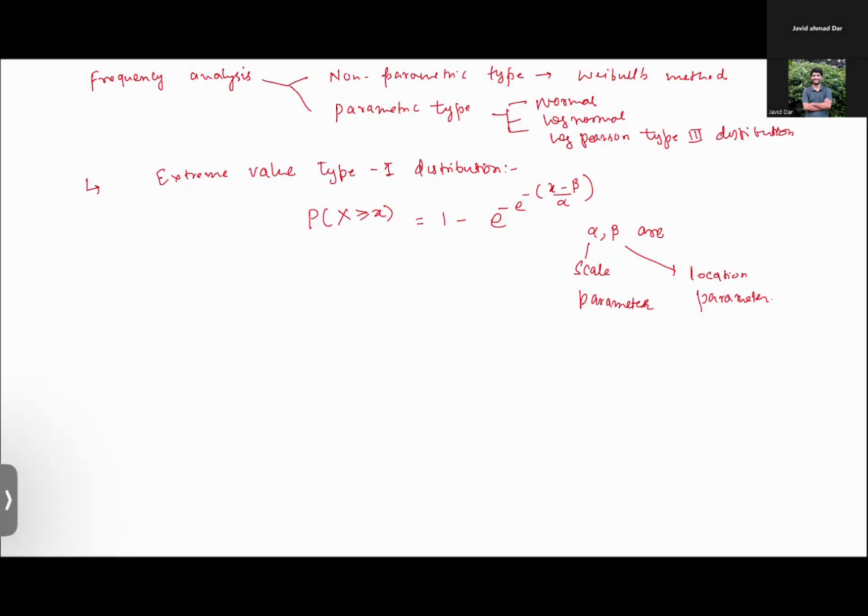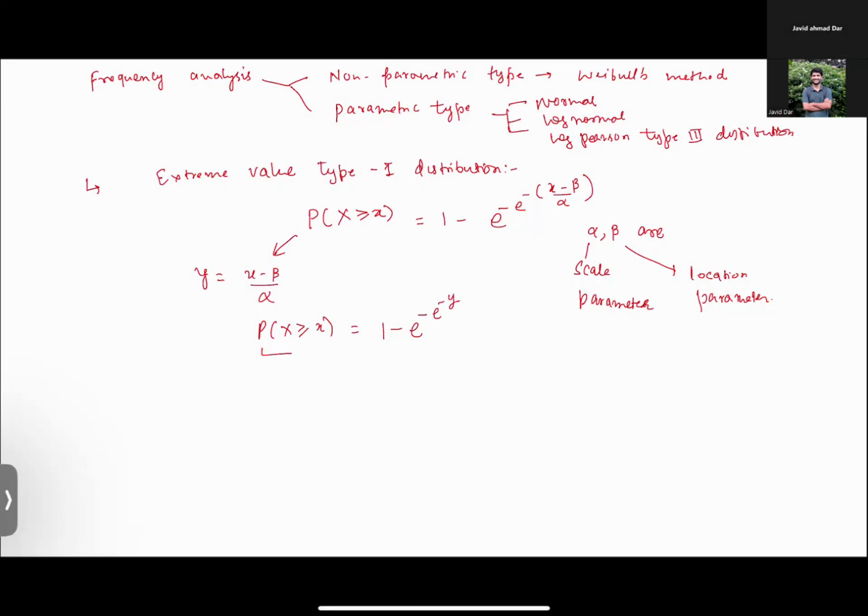One was the mean of the data and another was the variance or the standard deviation of the data. In a similar way, in this type of distribution, you have two parameters, alpha, the scale parameter, and beta, the location parameter. So we can simplify this equation by taking y as (x minus beta) divided by alpha. Then your equation will become 1 minus e raised to the power minus e raised to the power minus y.